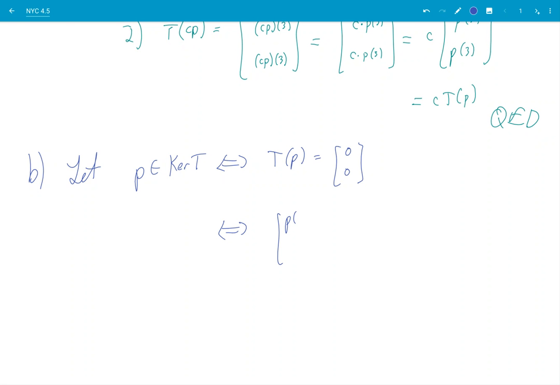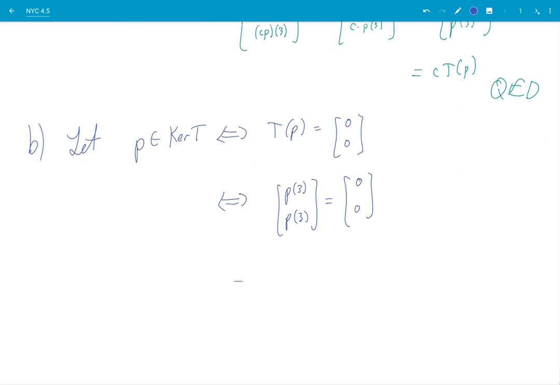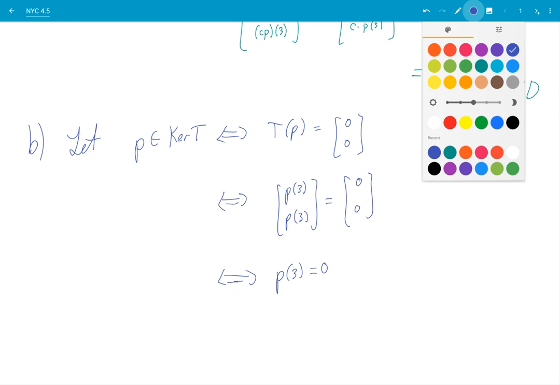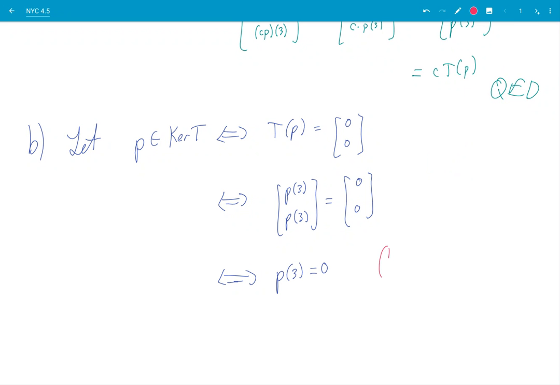That means by using the definition given above of T, I get this equation, and that happens if and only if P of 3 is 0. So let's say P is equal to A plus Bt plus Ct squared.